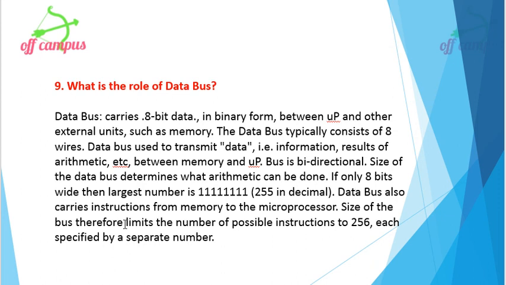The size of the bus therefore limits the number of possible instructions to 256, each specified by a separate number. So 8 bit means 2 power 8 is equal to 256. Okay, this is the role of the data bus. The main thing is that it is 8 bit wide and the data bus is bidirectional.